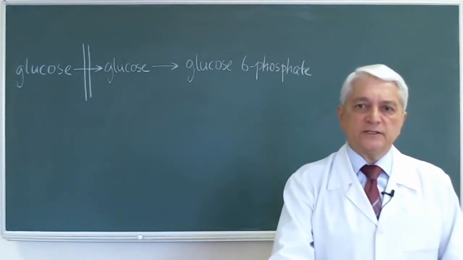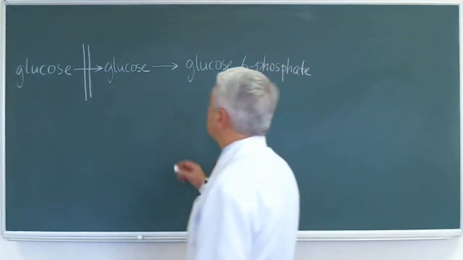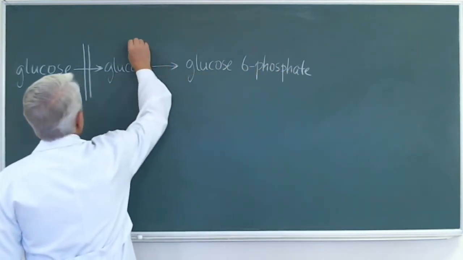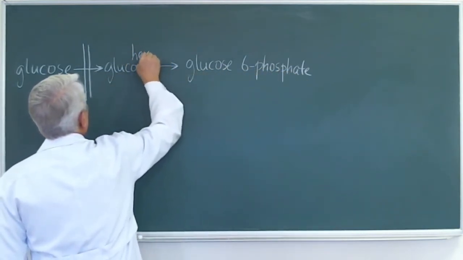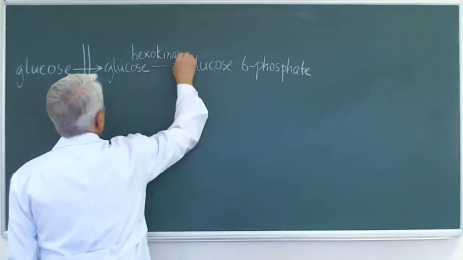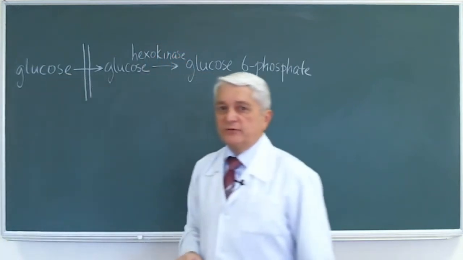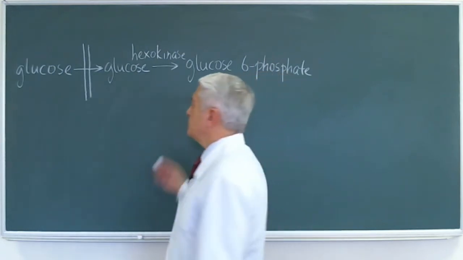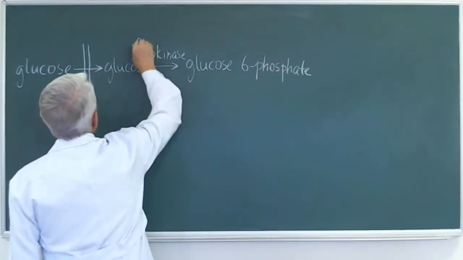In muscles and other tissues, we have hexokinase, while in the liver for this reaction we have glucokinase. You know this.